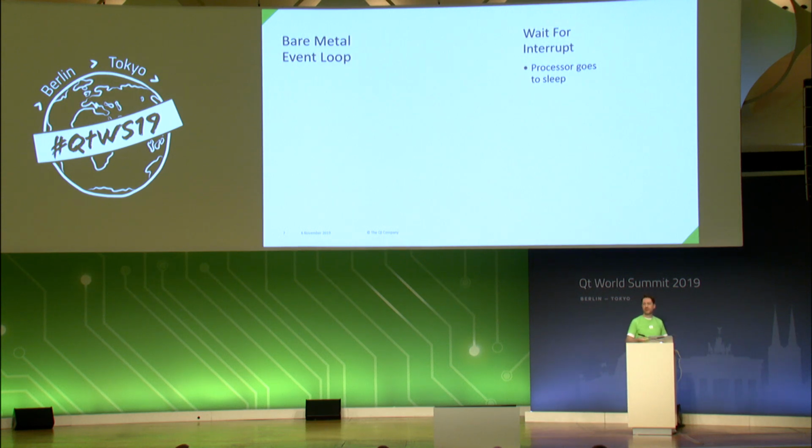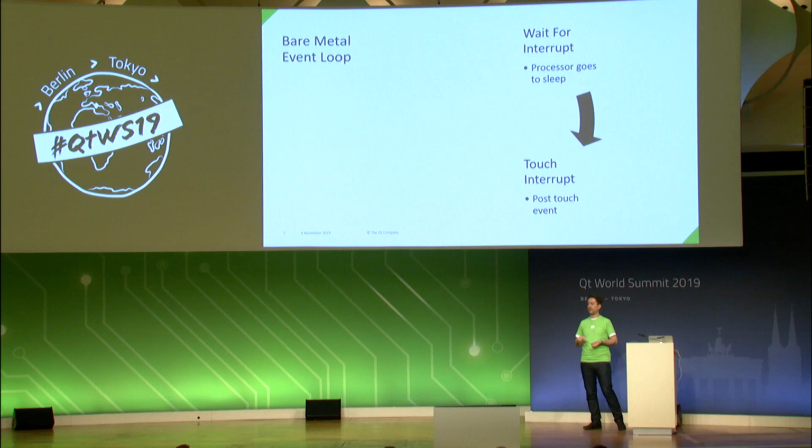There are all sorts of different scenarios that can trigger an interrupt. A simple example, because we talked about touchscreens: I'm touching my screen. That is an external event, and I want the processor to wake up so it can react to it. I'm tapping on a button, and I want this button to change its color or do something else, so I need to wake up the processor.